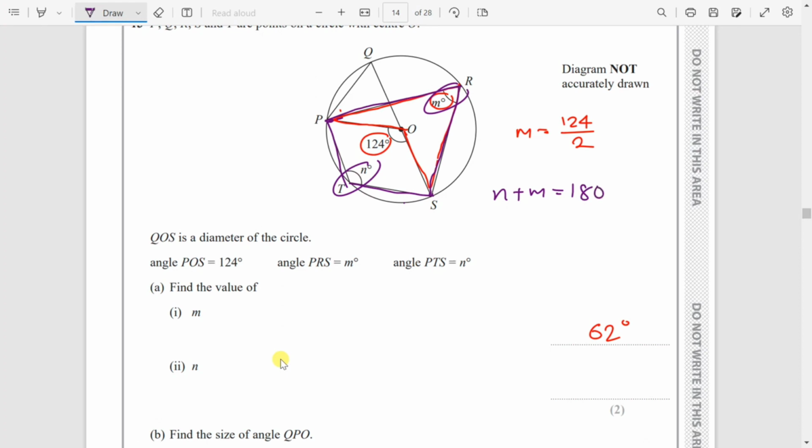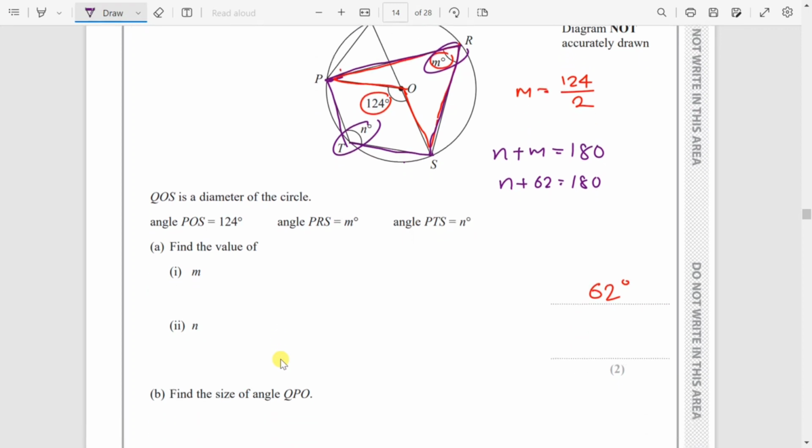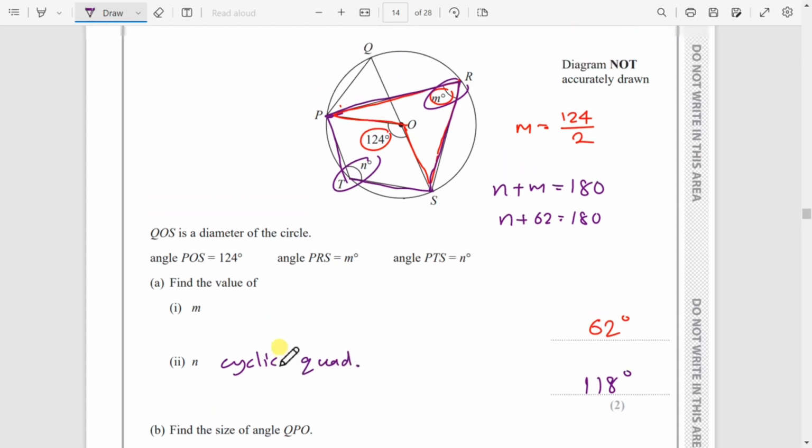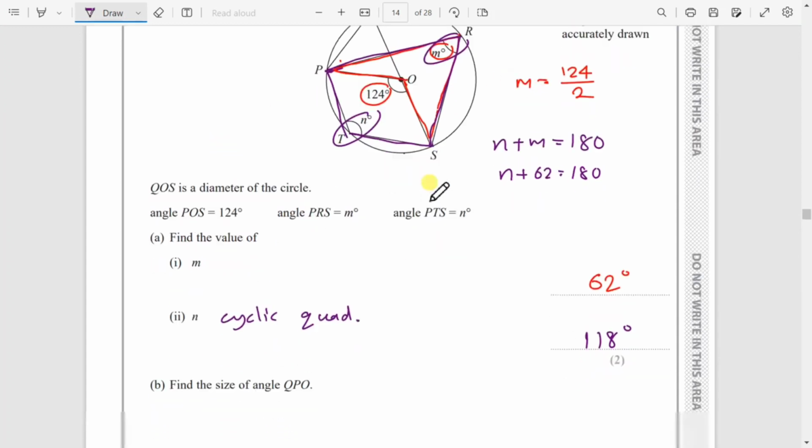We know M is 62, so N plus 62 is 180. So just take away 62 from 180, you should get 118. Okay, I just forgot what the word was. It was cyclic quadrilateral. You can try and Google this one. Cyclic quadrilateral. It's a 4-sided shape within a circle.